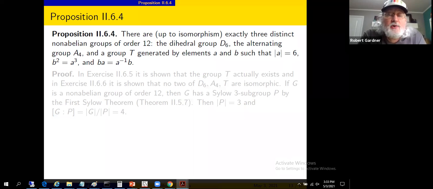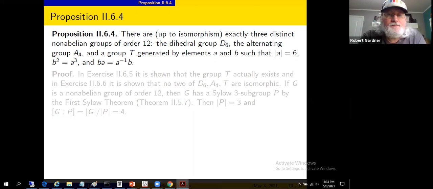But the chore here is to show that there are only these three possible groups. So we'll put together an argument very much based on the number 12, so it's fairly ad hoc. These techniques may be partially applicable to other orders, but there's nothing very general about what we're about to do. Also, we're going to rely on the homework exercises for a few of the details.